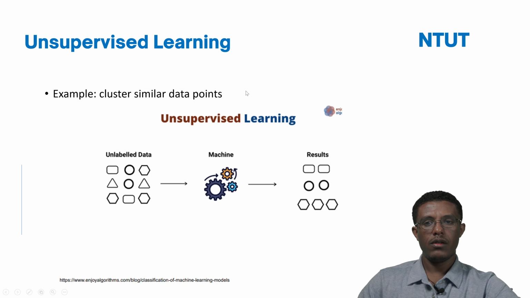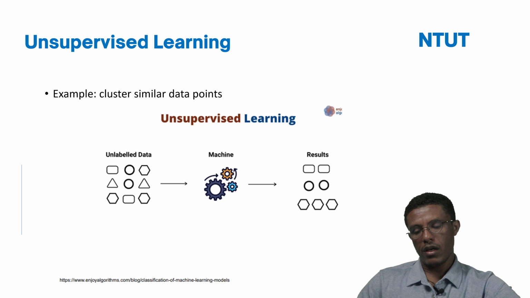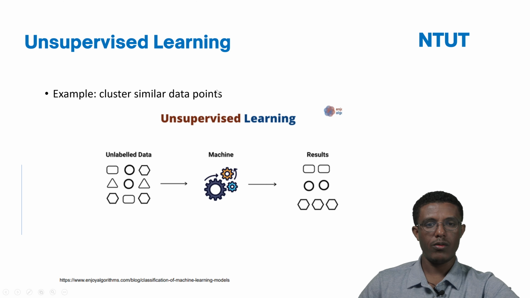This is an example. In unsupervised learning, the most common type of problem that we try to solve is clustering. Clustering is, for example, here, clustering similar data points. We have unlabeled data of different shapes. We don't know about these shapes actually.